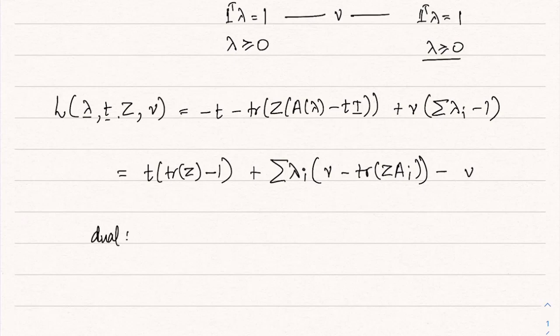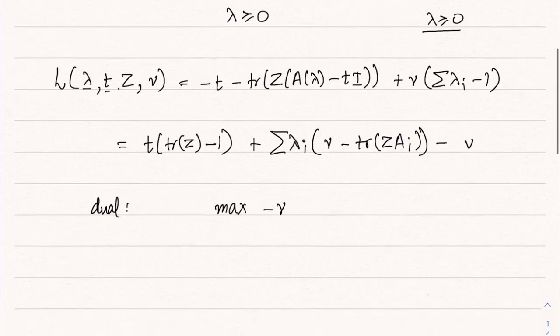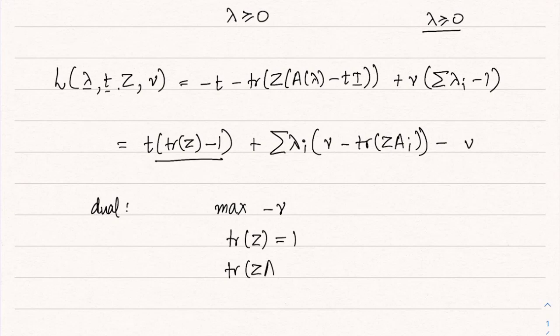So the dual problem becomes: maximize minus nu, subject to the constraint trace of Z equal to 1, which is coming from the t part, and then trace of Z A i. Remember that the lambda i's are greater than or equal to 0. So the minimum of this part would occur when this term is positive, because if it was negative, the minimum would go to minus infinity.